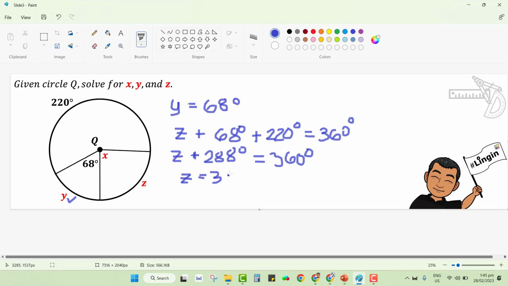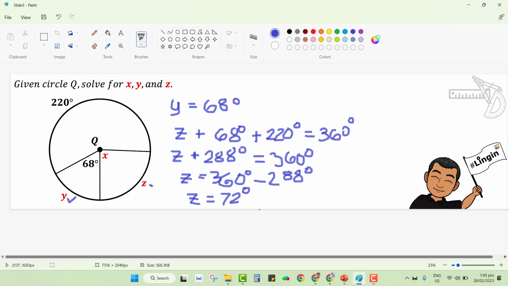Again, this is 360 degrees less the sum of the two arcs, the given 220 and the solved value for y, which is 68 degrees. And this is equal to the measurement that will complete the entire circumference, and that measurement is 72 degrees, because if you add 72 to 288, you will get 360 degrees as the entire circumference.